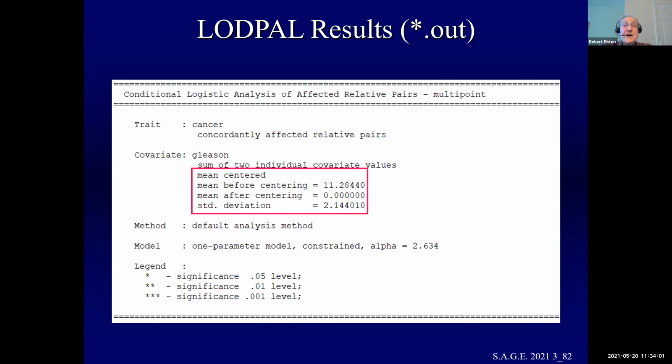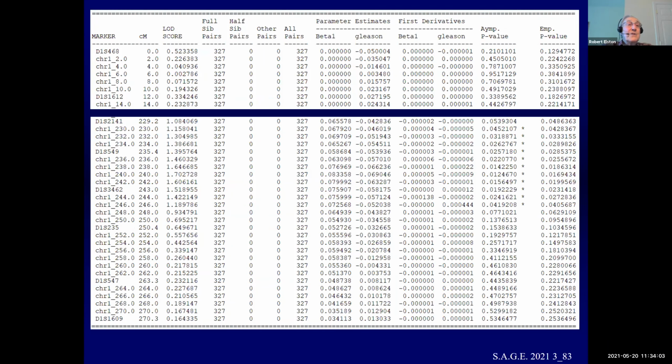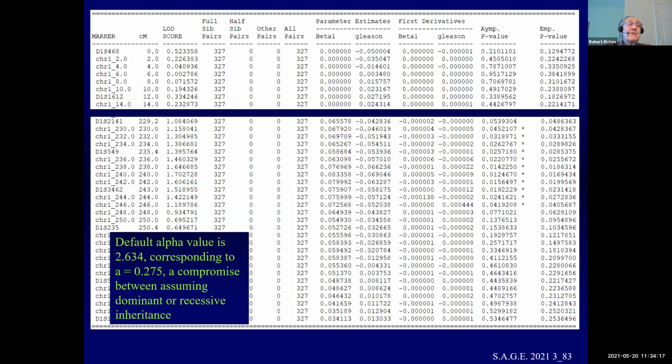Let's look at the next slide. Oh, you can see that after centering, it does get the right mean. Now, if you look at this, note the default alpha corresponds to A of 0.275. When you read the papers, at least when I read them, I get completely confused. But that's the whole point. That's the one that's a compromise between assuming dominant or recessive inheritance. And if you had a good reason for assuming dominance or recessive, you would.